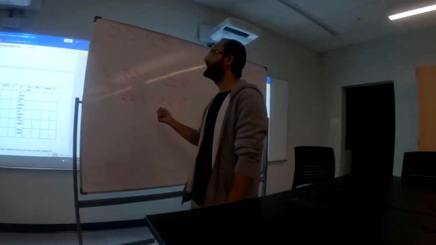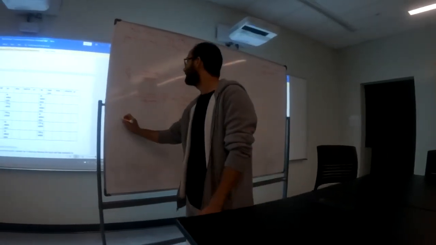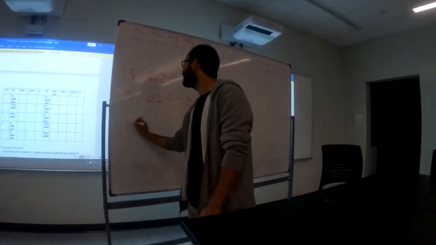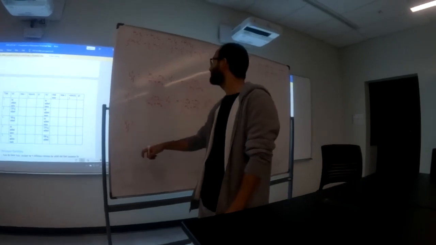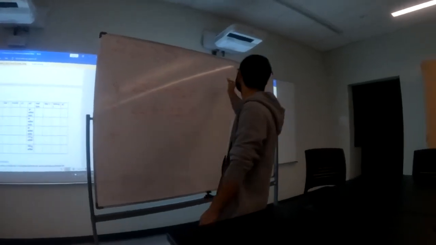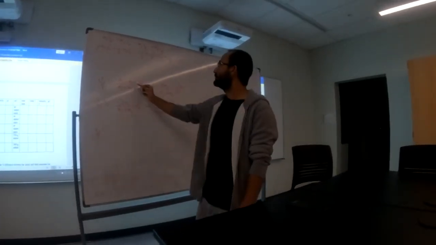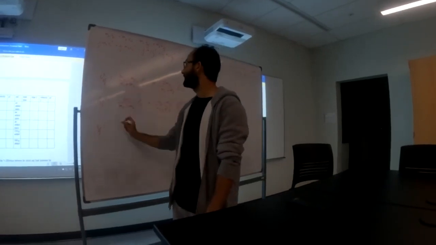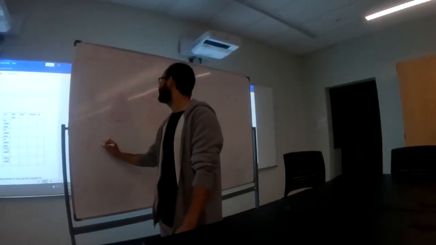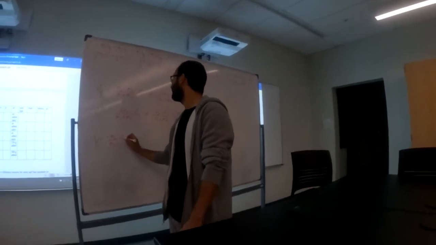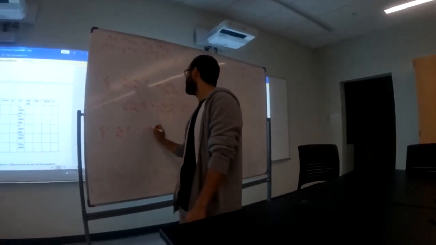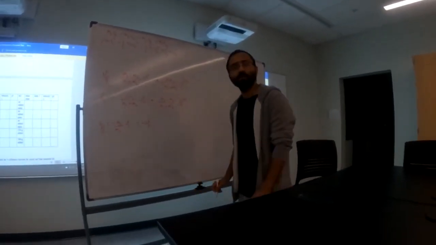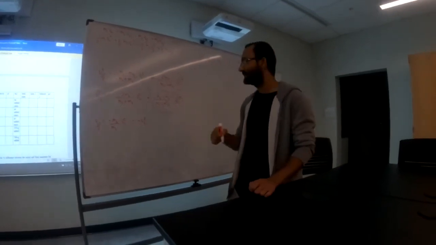So let's play with the equation. V1F, which is the final velocity of that boy. M1 is very small compared to M2, so we can neglect M1. So it would be minus M2 divided by M2 times V1I, which gives us minus V1I. It will bounce back with the same velocity.